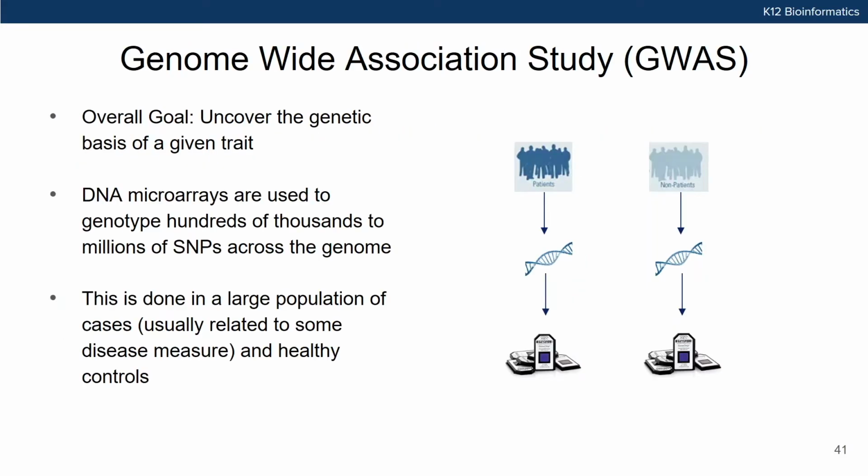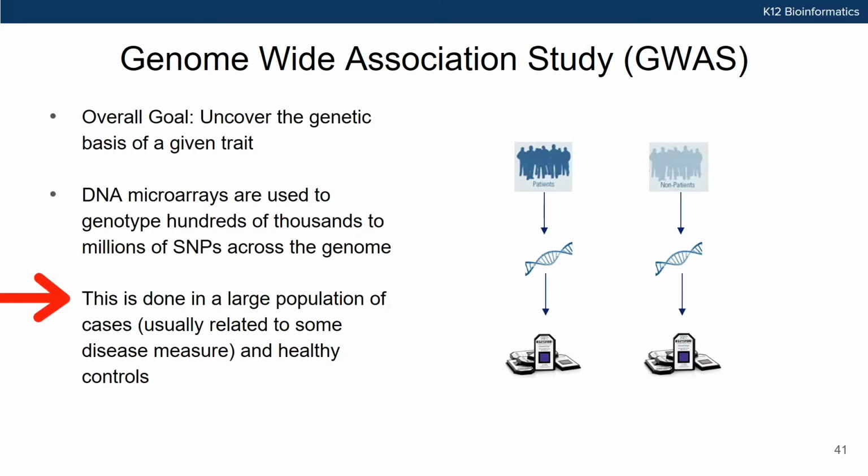Now that we have this SNP allele data from DNA microarrays, how do we actually use this information to identify genes underlying traits? We often use an analytical technique known as a genome-wide association study. The overall goal of these studies is to uncover the genetic basis of a given trait. In these particular studies, DNA microarrays are used to genotype hundreds of thousands to millions of SNPs across the genome.